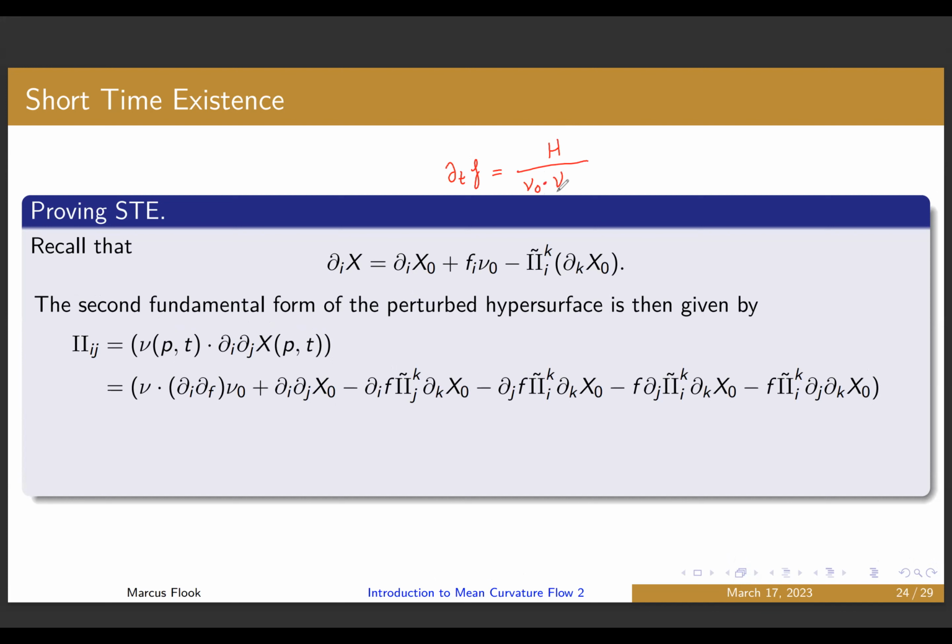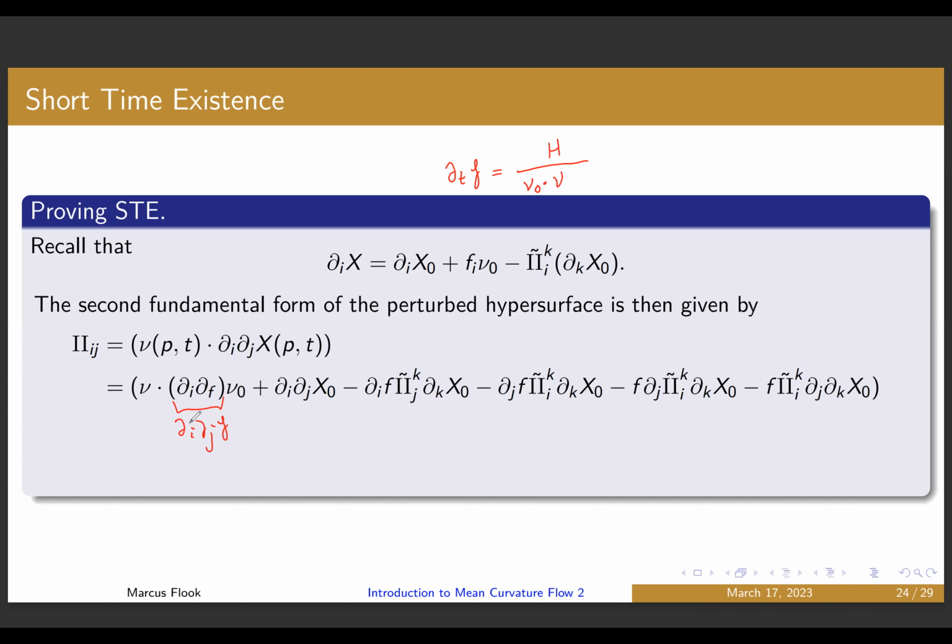The fact that we see this term here, partial i, whoops, that should be partial j, my apologies. Sorry, so this term here, I might just quickly fix. This term here should be partial i partial j of f.